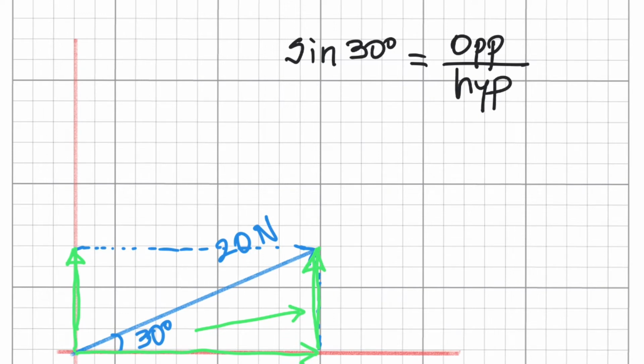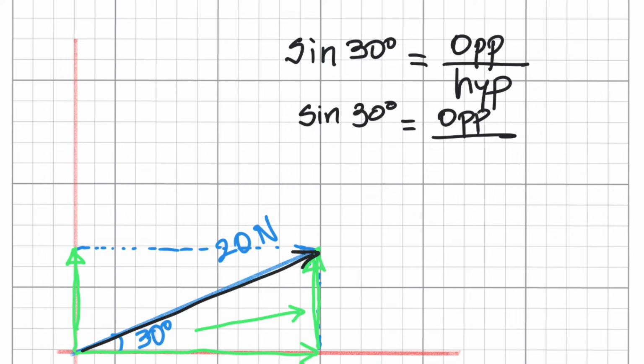Since we are looking for the opposite side, we are going to solve for that. So let's switch terms if we like. Sine of 30 is equal to the opposite side divided by, in this case, the hypotenuse, which is the given vector, 20 newtons.